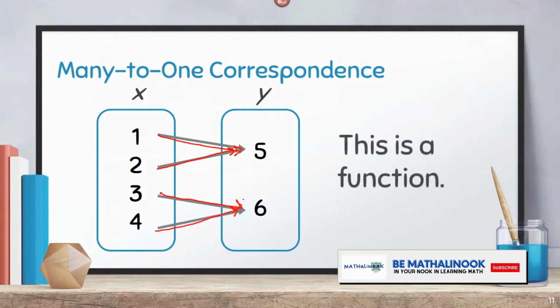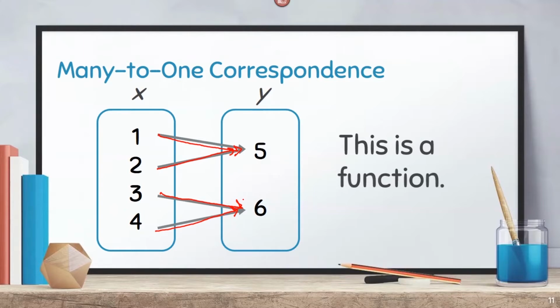Therefore, this correspondence is a function. Don't be confused on this one, thinking that this is not a function since the value of y is being paired to multiple values of x. Remember the definition of function. It states that the case is only for x and not for y, meaning y can be paired to multiple values of x.